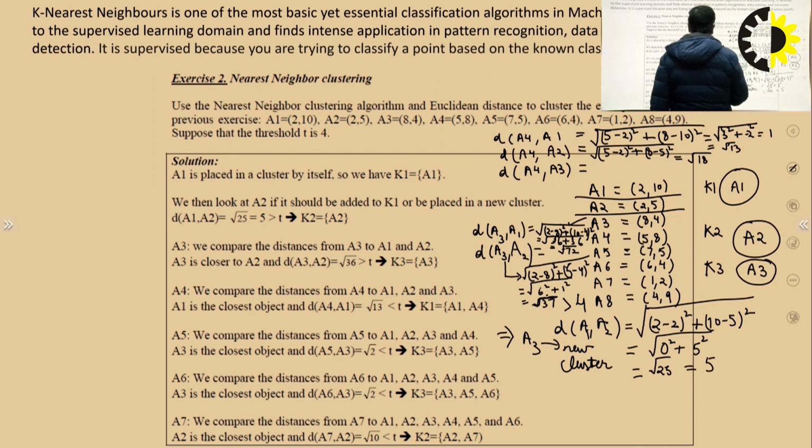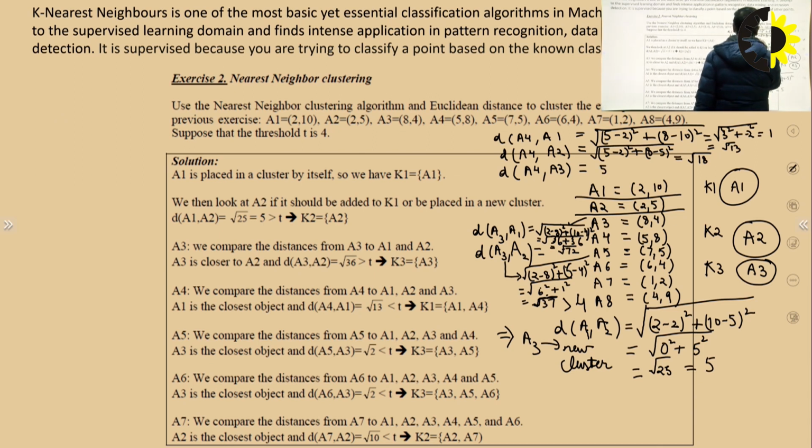And the distance of point A4 with respect to A3 is (5 minus 8) whole square plus (8 minus 4) whole square. This comes out to be 3 square and 4 square, so 9 plus 16, under root of 25.